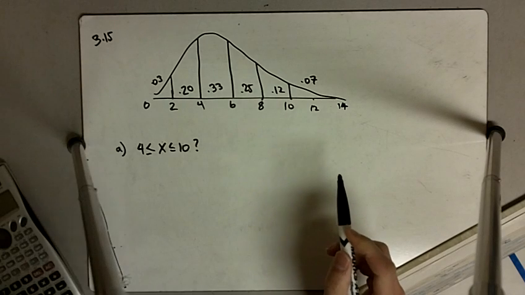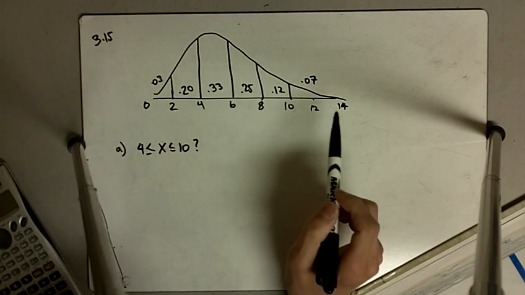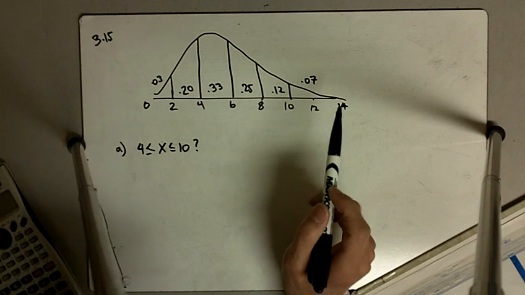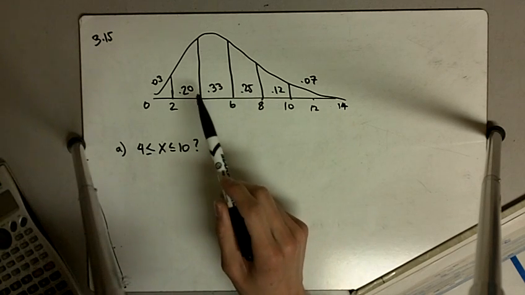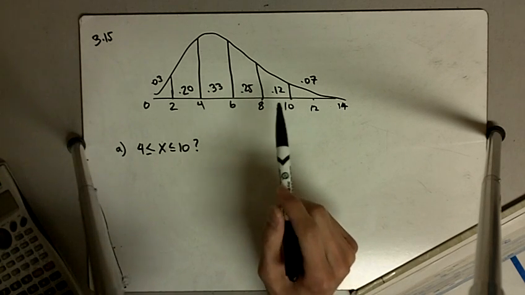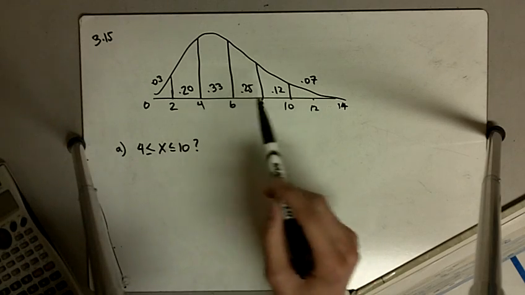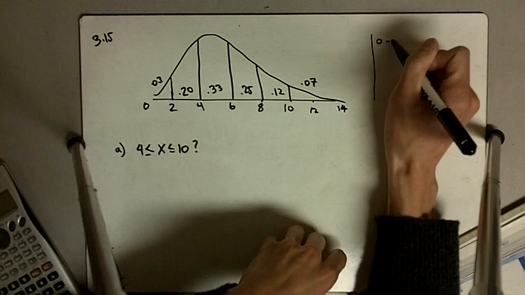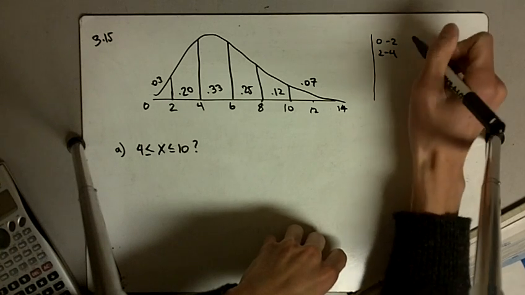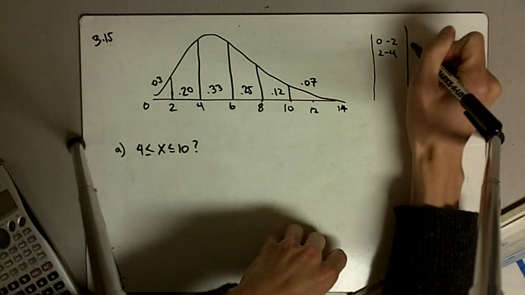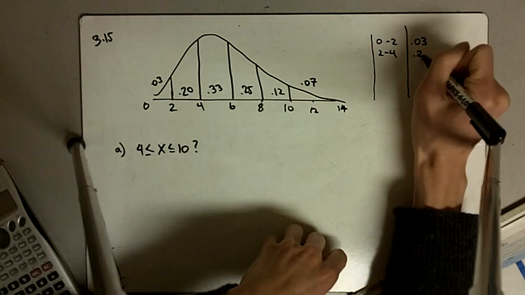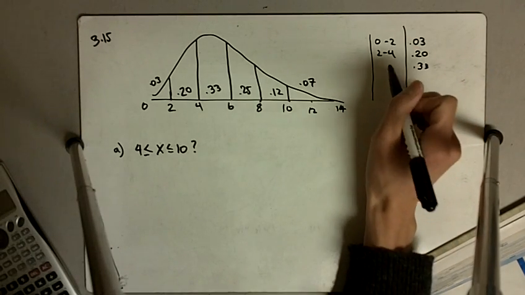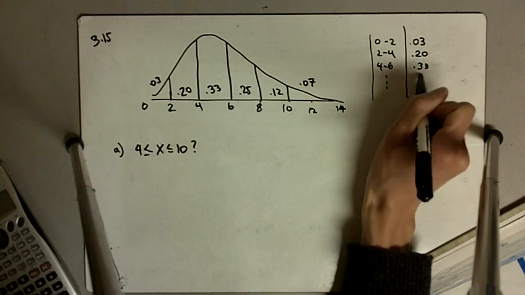Okay, so the density curve is very similar to a probability frequency distribution, except rather than in table form, it's given in a graph. And here they actually give us the numbers. So we can almost think of this as a table where it's 0 to 2, 2 to 4, and the corresponding percentage, and 4 to 6, so on and so forth.